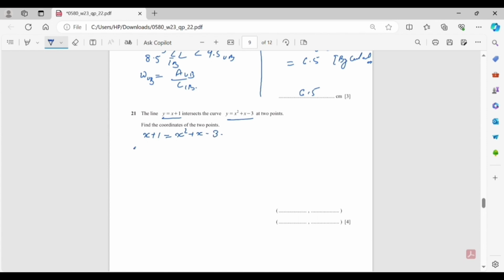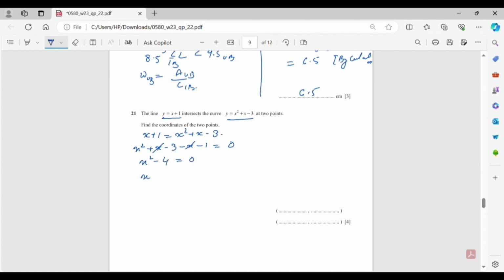Now x square plus x minus 3 minus x minus 1 will be equal to 0. X square minus 4 will be equal to 0.